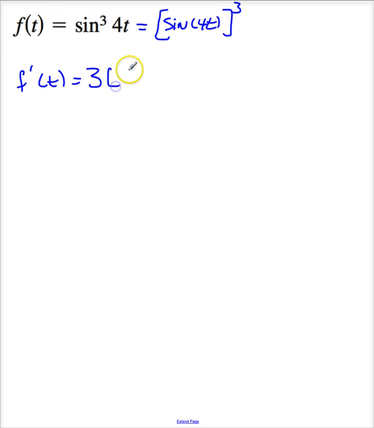It's 3 times sine of 4t squared. Now I'm going to do this one in green, times the derivative with respect to x of what's inside. Oh, excuse me, t, not x. Sorry about that. The derivative with respect to t of sine of 4t.